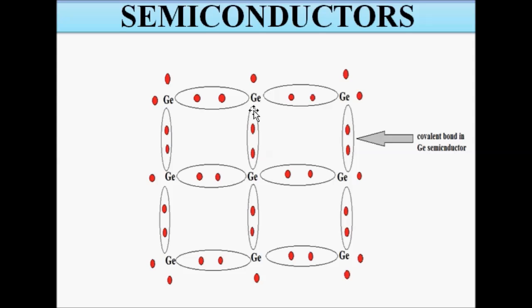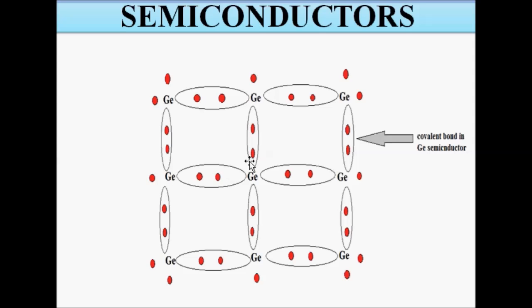This germanium atom has contributed 1 electron and this germanium atom has contributed 1 electron to form a single covalent bond. Similarly, this germanium atom has contributed 1 electron, and this germanium atom has contributed 1 electron to form another covalent bond.